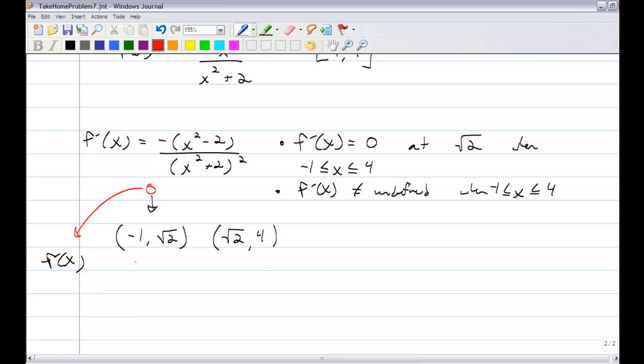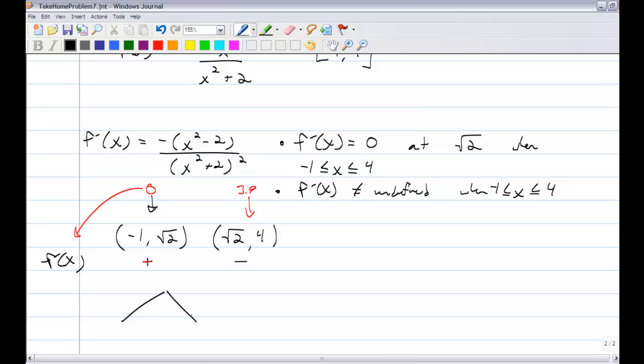So f prime's positive on that interval here. Okay, and then I need to plug a number from this interval in. So I'm going to go with 3.9. So I'm going to plug that into my calculator. 3.9. I get a negative result. So my function, from negative 1 to root 2 increases, and then from root 2 to 4 it decreases.